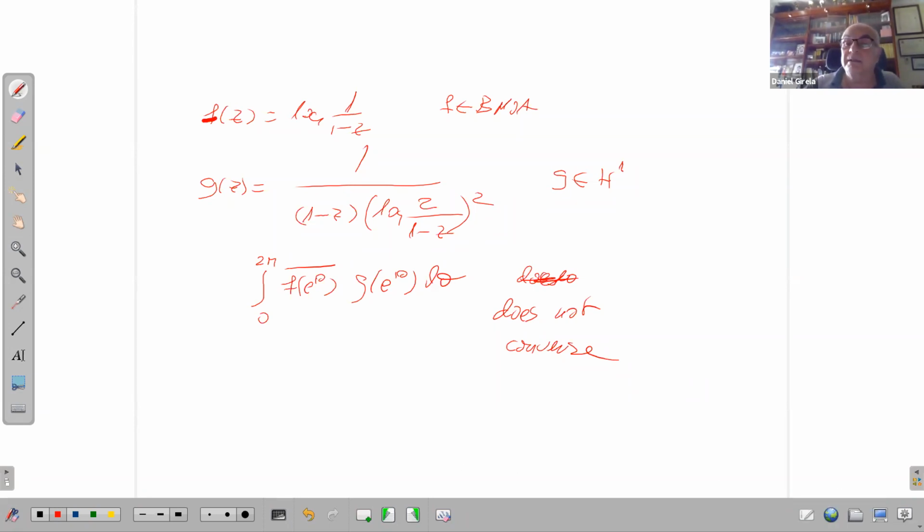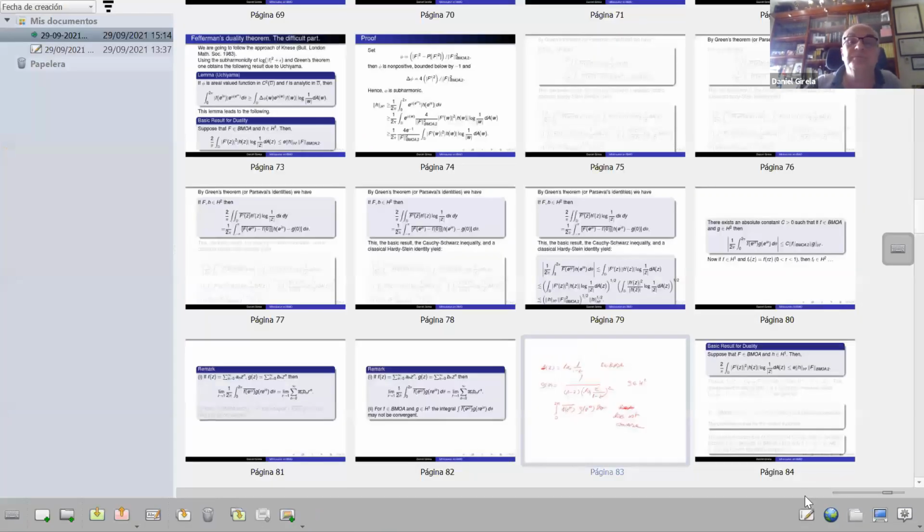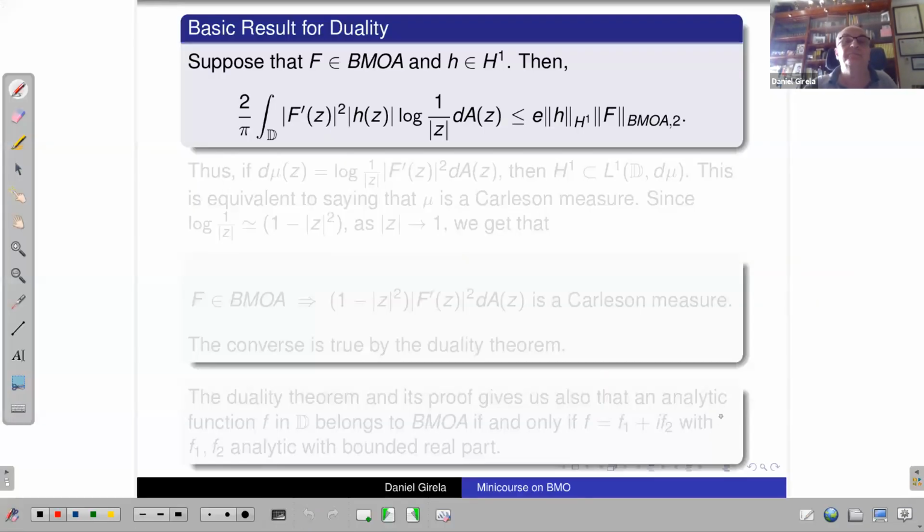Let's go back to what I called the basic result for duality: if we have a function f in BMO and a function h in H1, then this integral is bounded by the product of the H1 norm of h and the BMO norm of f. But now let us look at this inequality in this way.